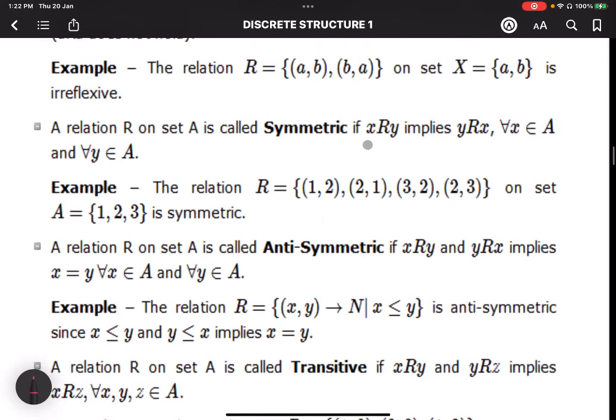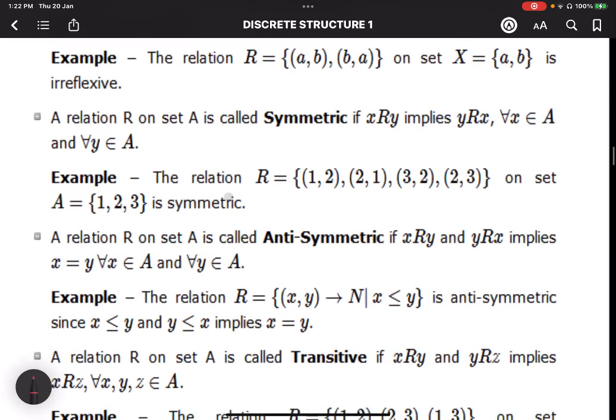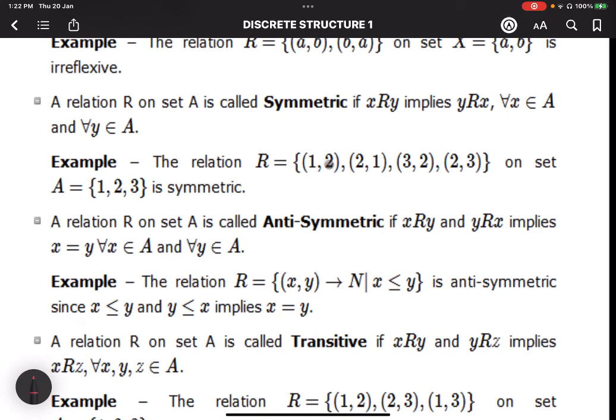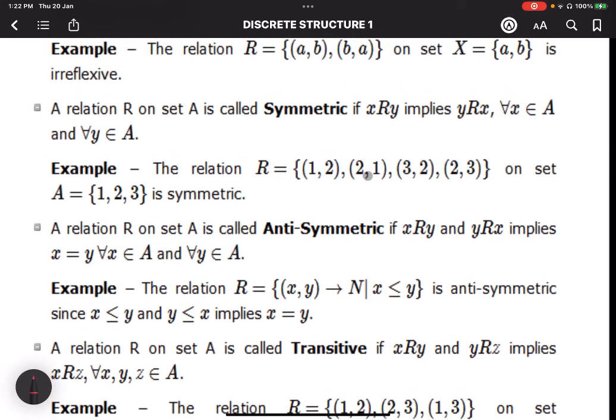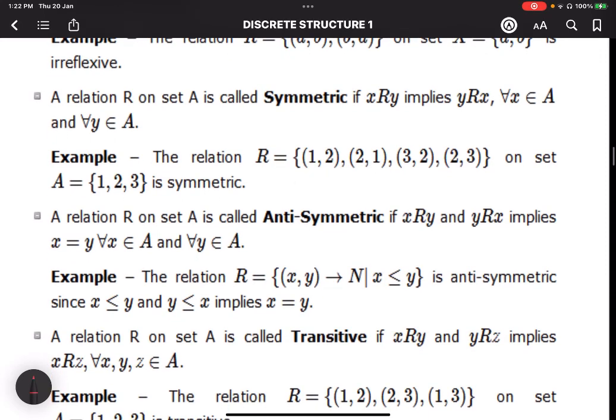Wherein sa symmetric, dapat si X and Y is not equal, no, in value. Like what is indicated in this example.